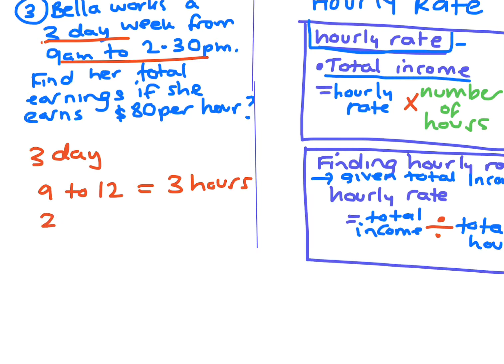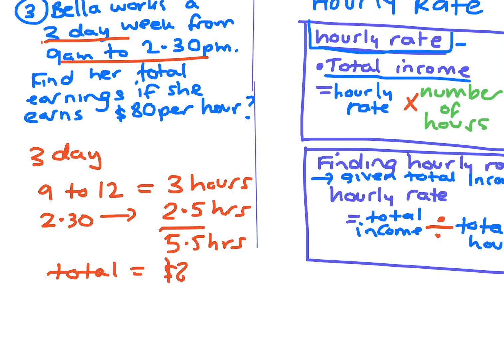And then you've got to 2:30, so that's an extra 2.5 hours. So write it as 0.5 because it's a half an hour. So altogether you get 5.5 hours. So the total earnings would be your $80, your hourly rate, times the 5.5, and you end up with $440.